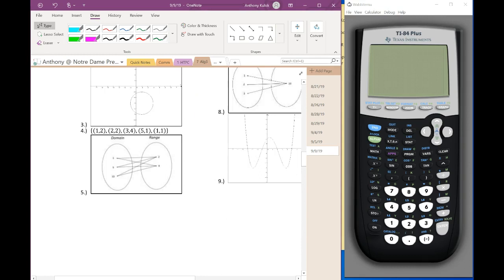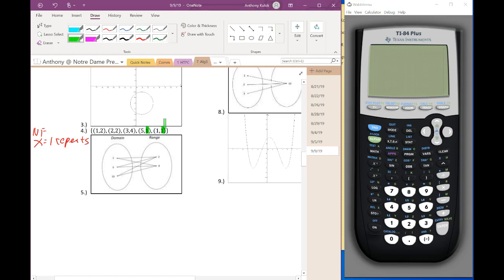Good. If I look at 4, is this a function? No. Why not? So when we say that though, notice that I was very specific and I labeled the 1 as an x, because if I look at this graph, we also have a 1 in the y's that repeat, right?